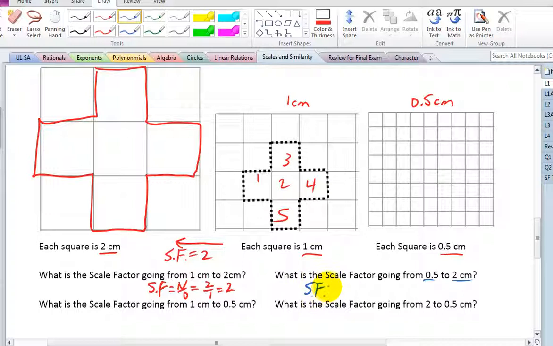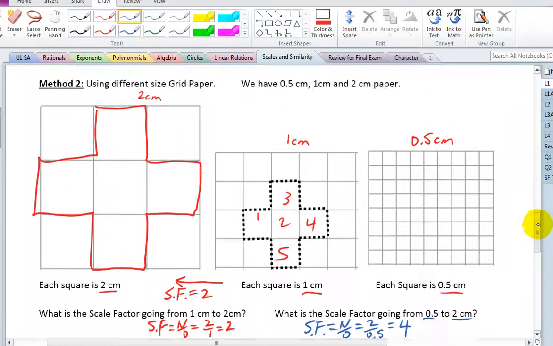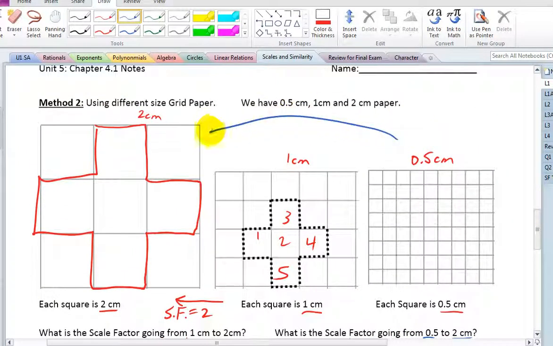So scale factor would equal the new over original. The new would be 2, the original would be 0.5. What would be your scale factor? 4. So if you went from here all the way to here, your scale factor would be 4.